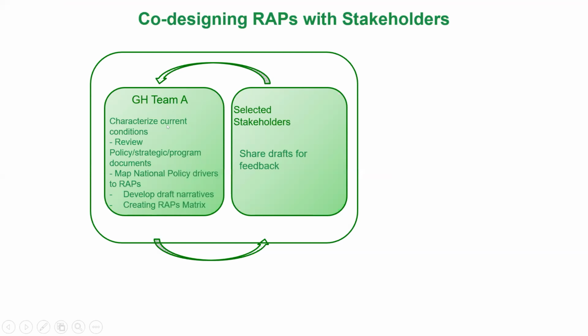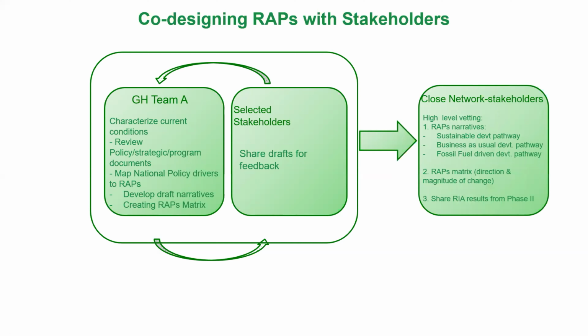To give a little more detail on how we came by the various scenarios: in the case of Ghana, we started with a process of characterizing or reviewing the various strategic documents that are relevant in the agricultural sector, and developing our RAPs narrative based on what we found. This was shared with selected stakeholders working closely in this area to give their feedback. Then we had a close network of stakeholder engagement where these RAP narratives were reviewed.